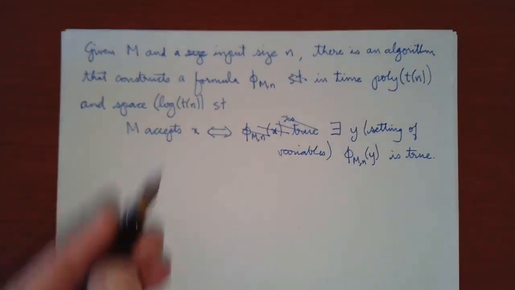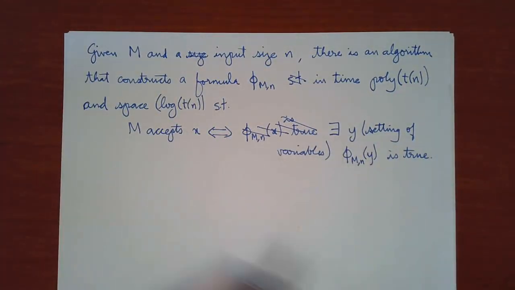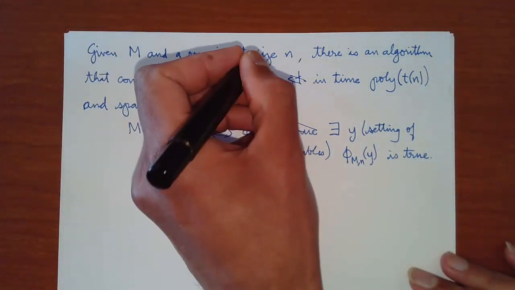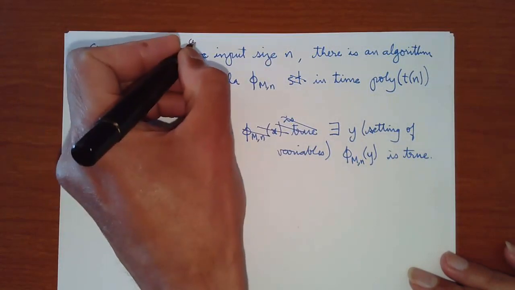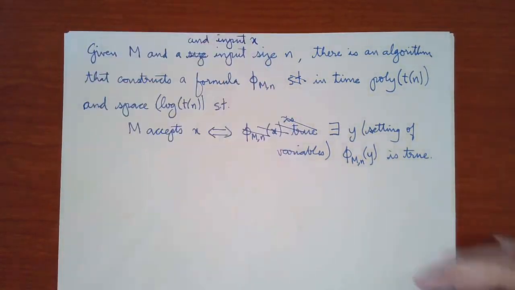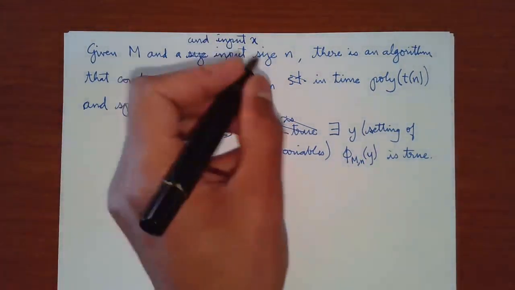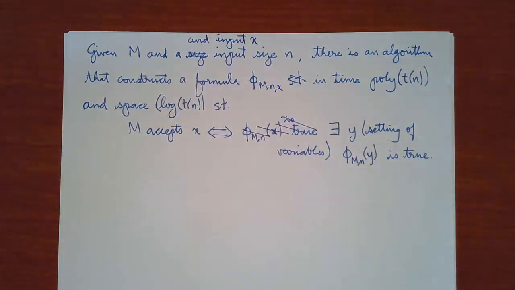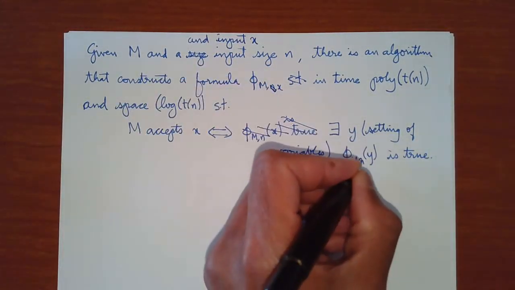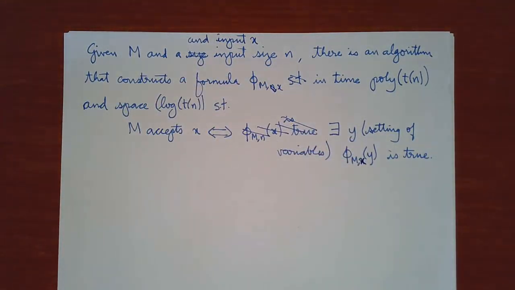Okay. So let's just say that given m and an input x, let's just say it's phi mnx. Indeed, I could just call it phi of mx. Yeah, maybe let's do this for now, and then I'll come back to what I wanted to say earlier.